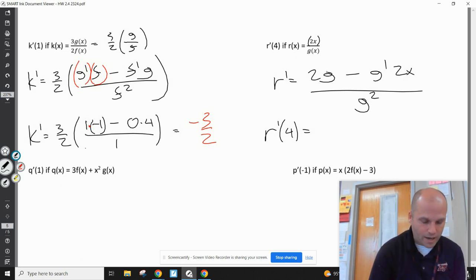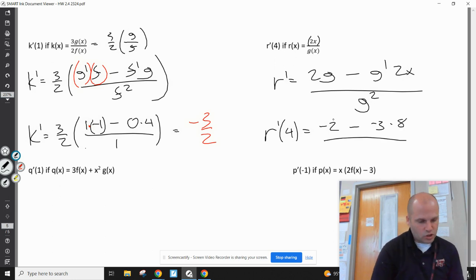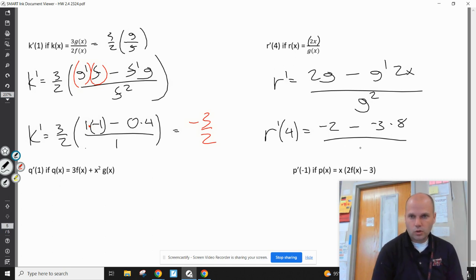G's y-coordinate at 4 is -1. So I get -2 minus g's slope, which is -3 for that line segment. Down 1, 2, 3. -3 times 2 times 4. G's y-coordinate at 4 is -1, squared is 1. So I got -24 becomes a positive 24, minus 2 is 22.